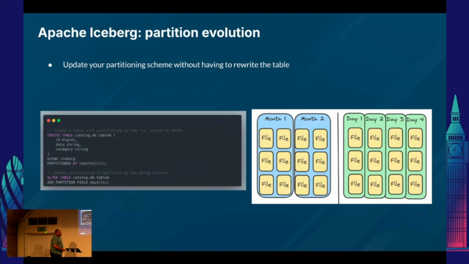Another thing that you can do is partition evolution. For performance, we said that we should not have to query all data files. So in the metadata, you can say, okay, I want to partition this table or view into different groups of data files.